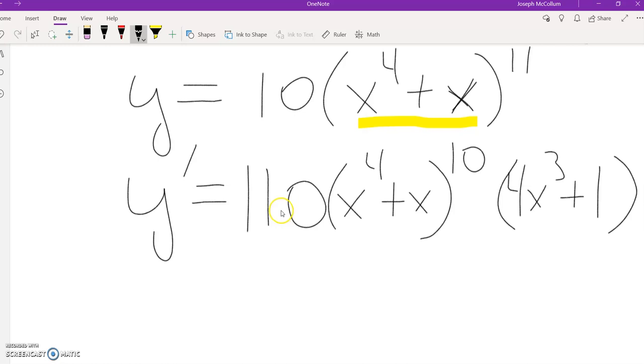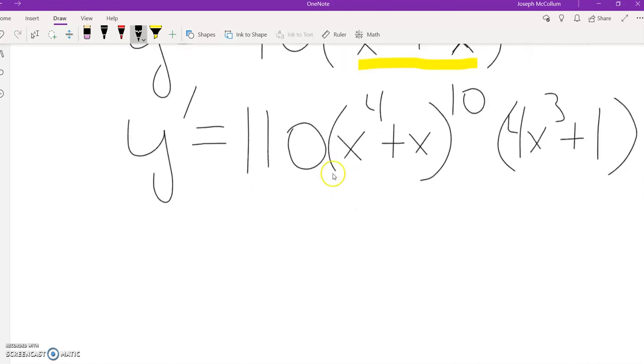You could take the 110 and distribute to this parentheses if you like. Please do not distribute the 110 inside of here because of this exponent. Do not. And do not FOIL this out. That's bad too. When you have an exponent, really your simplifying is done except for a few cleanup moments. Again, you can distribute the 110 inside. I would consult, once again, your professor and teacher on how that's to be done.